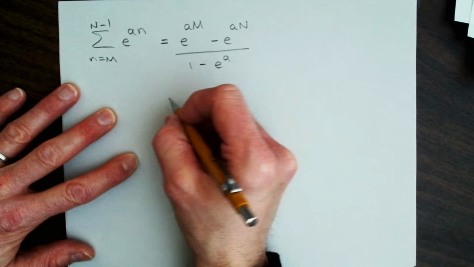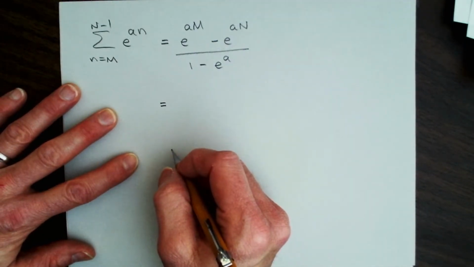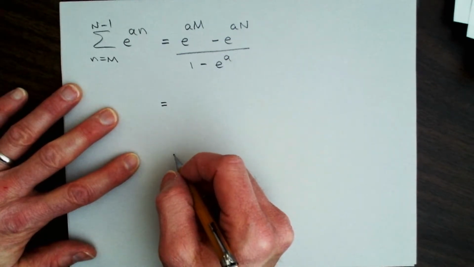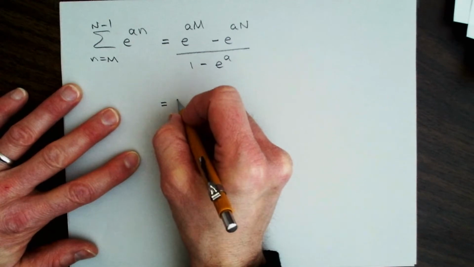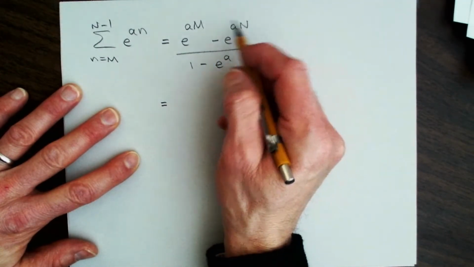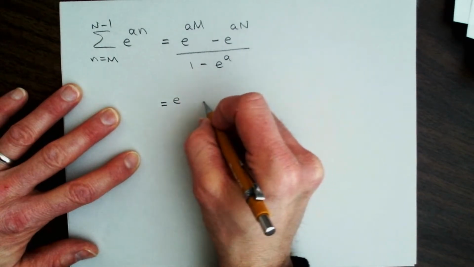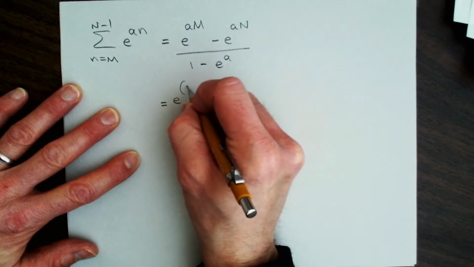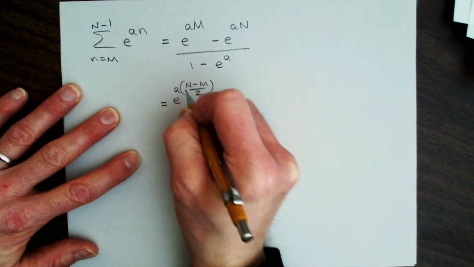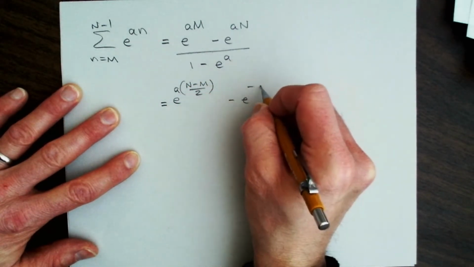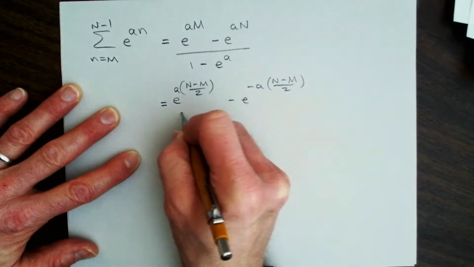All right, now what I would like to do is, using a trick like the one we saw previously when we were doing integrals of exponential functions, I'd like to factor out the difference of the exponent. So we'll have e to the a n minus m over 2 minus e to the minus a n minus m over 2.